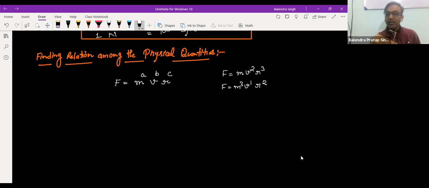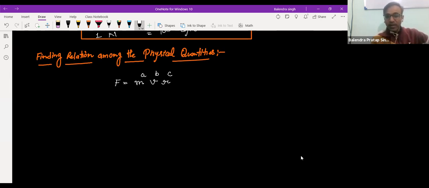So there are many ways to represent this formula. We don't know the exact values of a, b, c. By finding the exact values of a, b, c, then and only then we can find the exact form of this force.